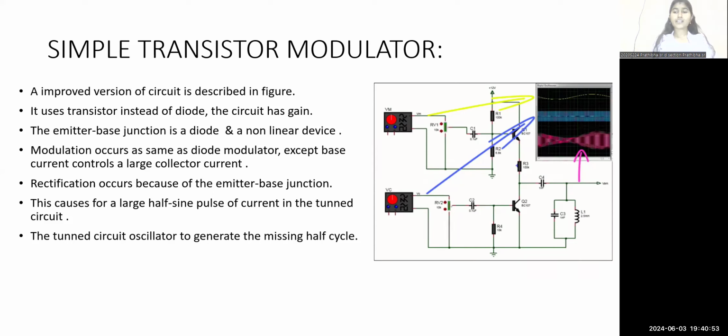Rectification occurs because of the emitter-base junction. It causes large half sine pulses of current in the tuned circuit. Next, the tuned circuit oscillator generates the missing half cycle. Here we can see in the diagram what changes and waveforms are produced.